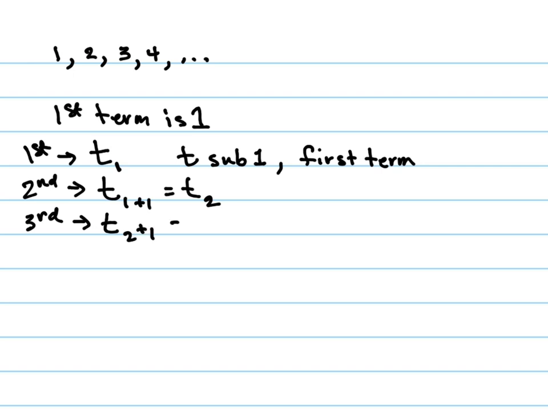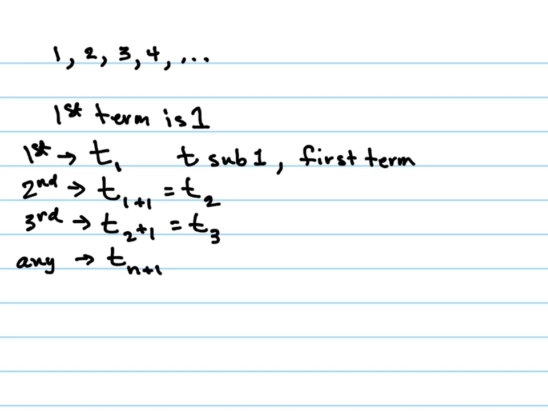So 2 plus 1 would be t sub 3, or the third term. So for any term, we could write t sub n plus 1. If it's a fourth term, that would be 3 plus 1. If it's a fifth term, it would be 4 plus 1. So you'll see this notation to represent any number in the sequence.